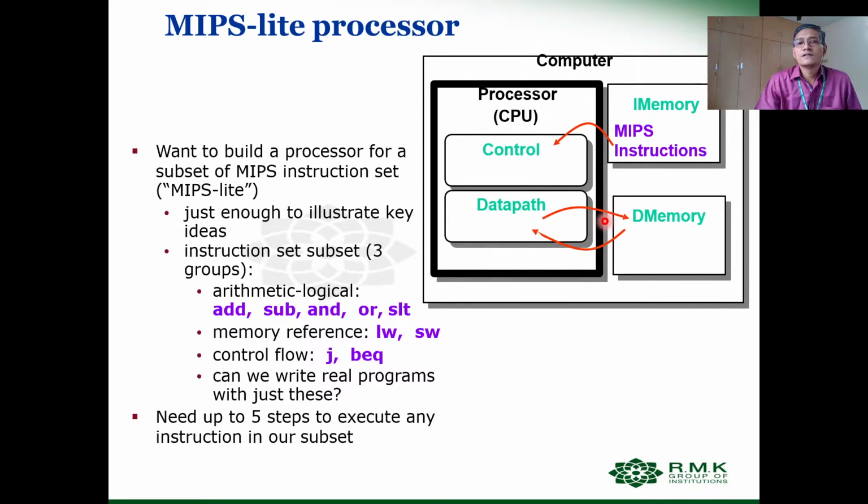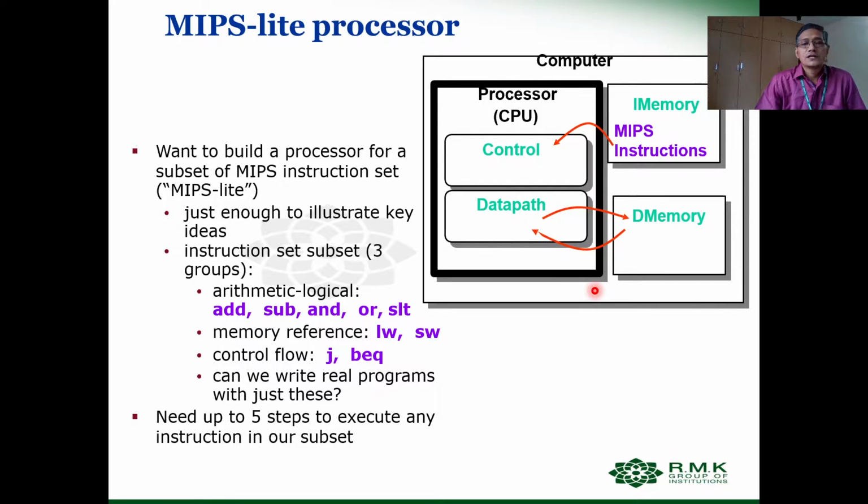In the data memory, the processor needs data to process the operands, execute the instruction and perform the necessary operation, so that is taken from the data memory. Also, after the processing, the result should be stored in the data memory. That is why it is two-way, from the data path to the data memory and from the data memory to the processor. Right, this illustrates a key idea for building up the data path.